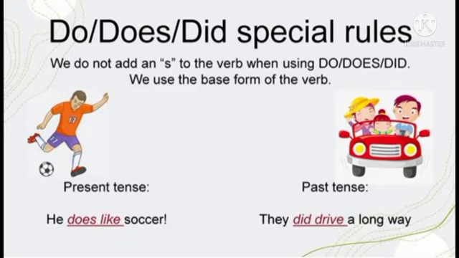And in past tense, they did drive. We are not adding ed to the verb. It is not drived. Why? Because there is already did in the sentence. So there is no need of changing drive into drived. And also in present tense, no need of adding s because there is already does in the sentence.